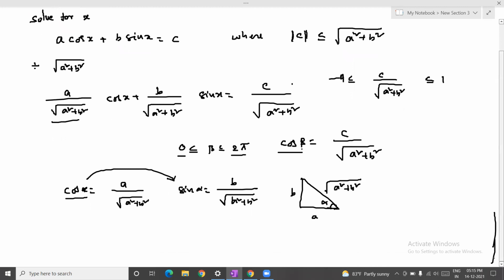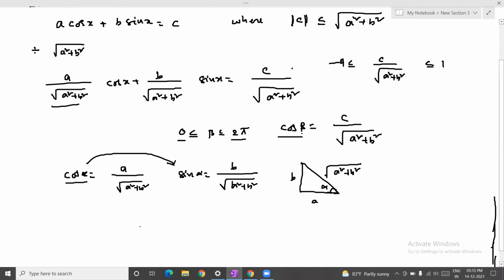So if I replace these two values with cos alpha and sin alpha, I will get an equation like this: cos alpha cos x plus sin alpha sin x is equal to cos beta, where beta is lying between 0 and 360 degrees. So cos A cos B plus sin A sin B is cos of A minus B. So cos of x minus alpha is equal to cos beta.